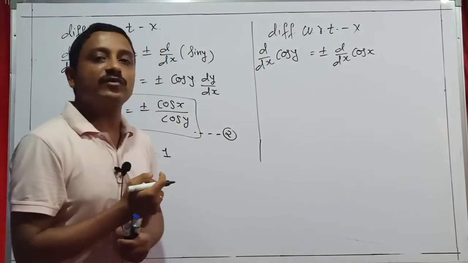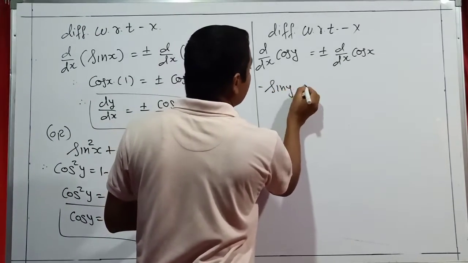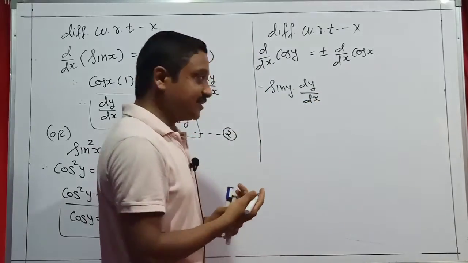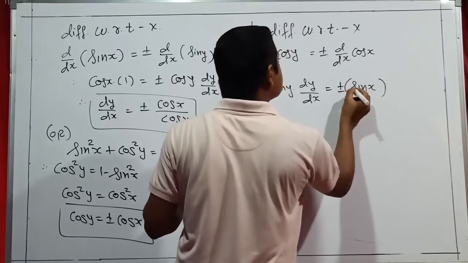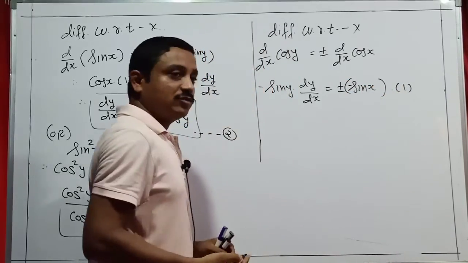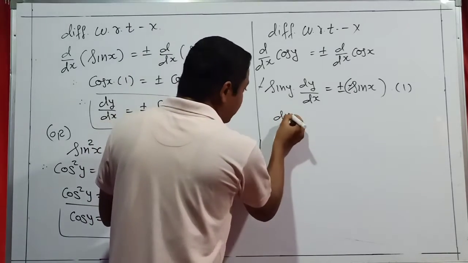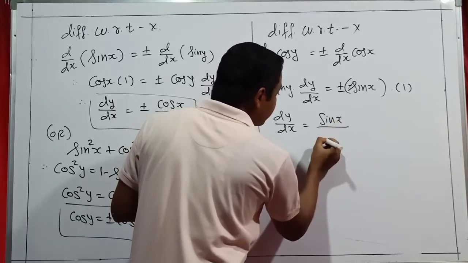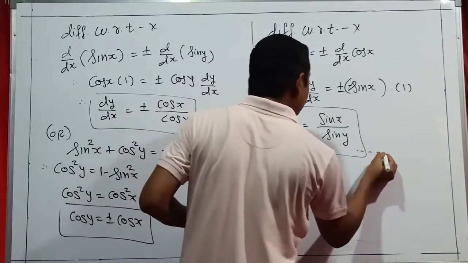Now students, cos y derivative, I think you know, is minus sin y, y derivative pending, dy by dx. And here likewise sin x, with minus, and the x derivative with respect to x is 1. This minus and this minus cancel. So I have dy by dx is sin x by sin y. Students, this answer is equation number 3.